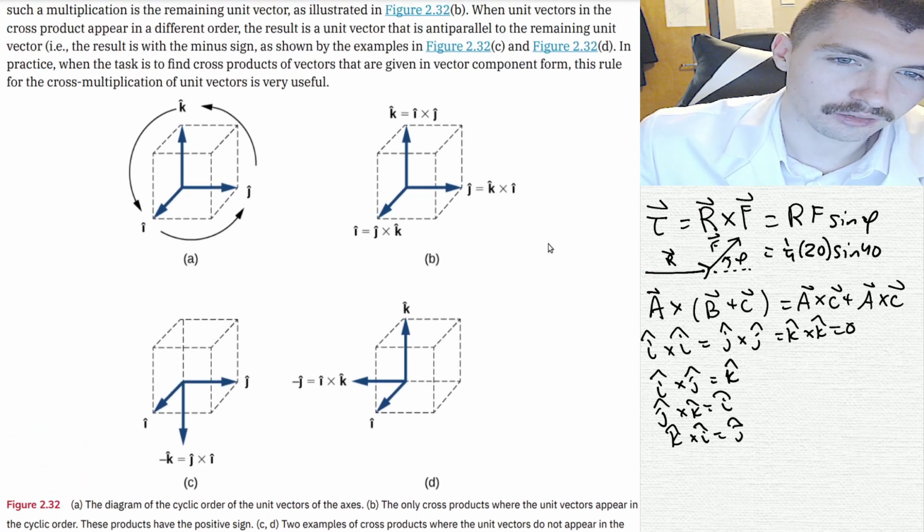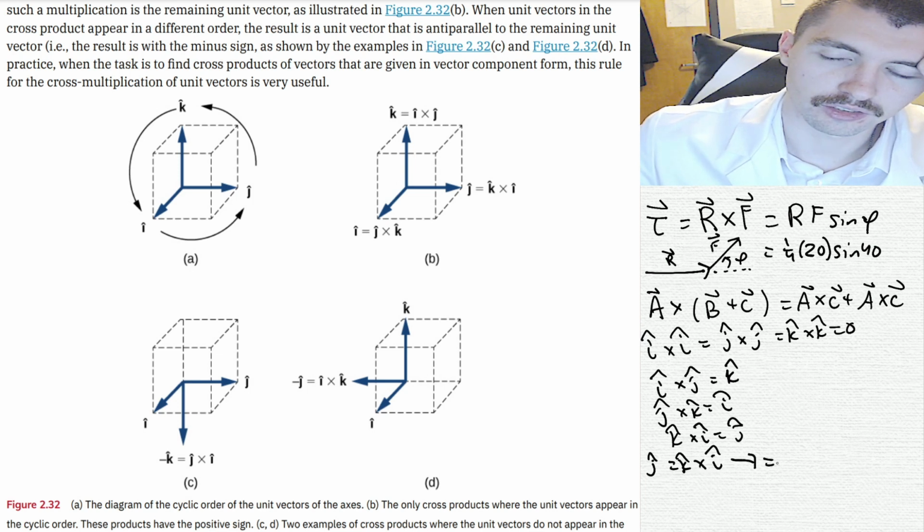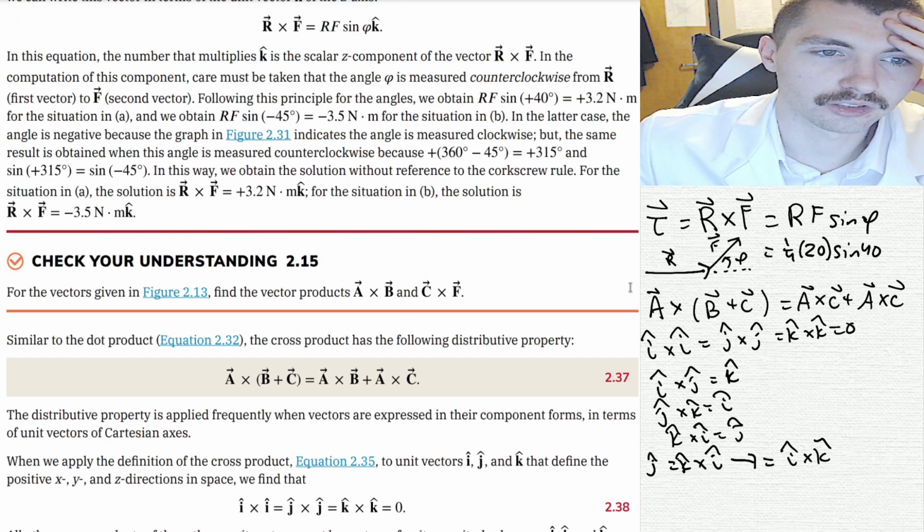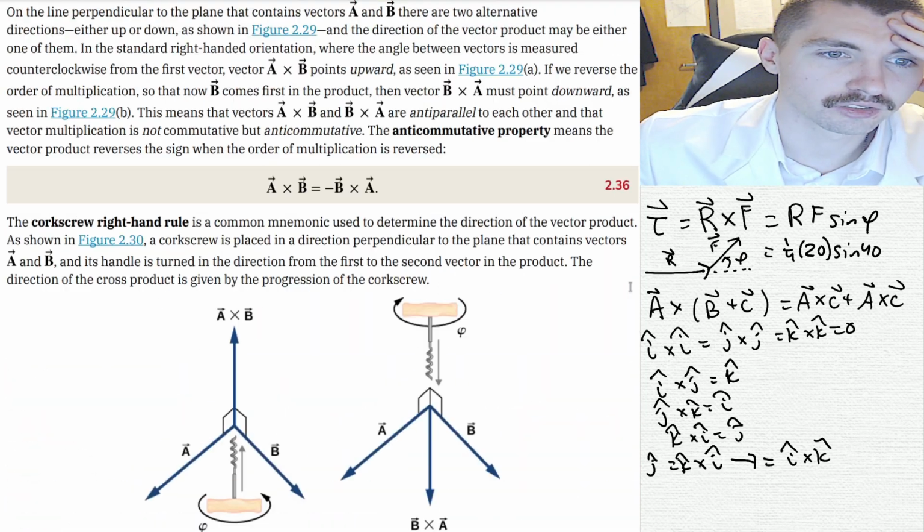Okay, now what I want to know is, if J is K cross I, then is that equal to I cross K? So here we have to consult our properties.